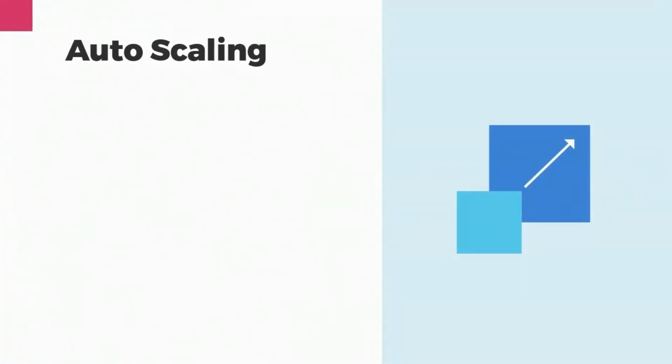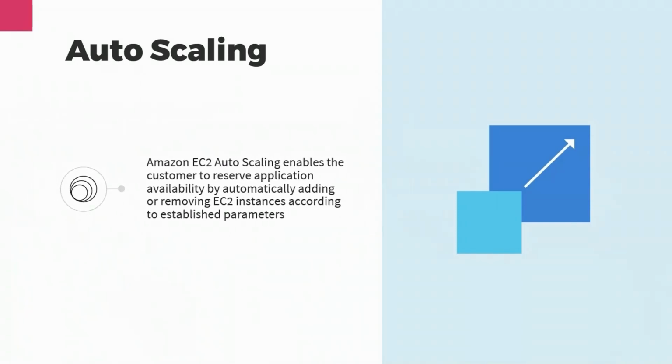Another vital service of compute is auto-scaling. Amazon EC2 auto-scaling enables the customer to preserve application availability by automatically adding or removing EC2 instances according to established parameters. Auto-scaling drives the elasticity value proposition of the AWS cloud, whether it's provisioning or deprovisioning.